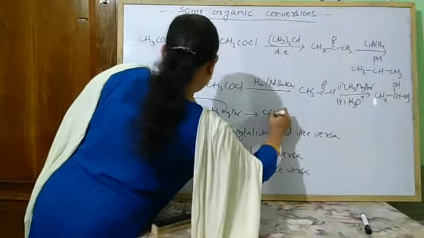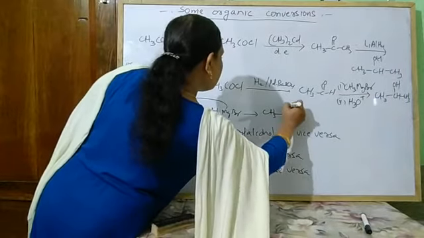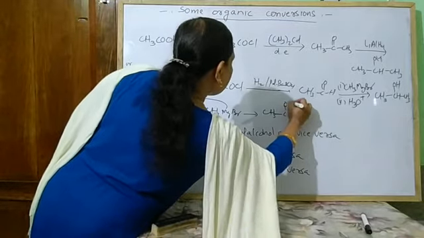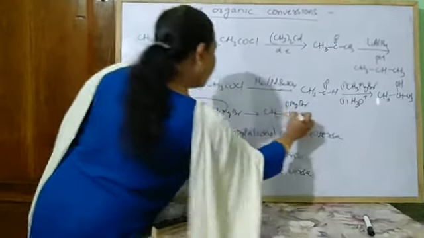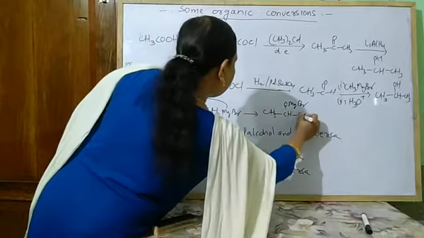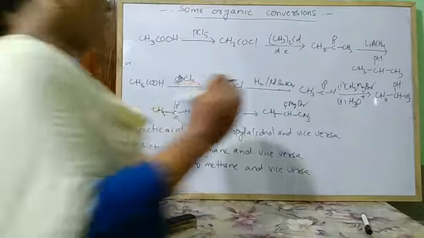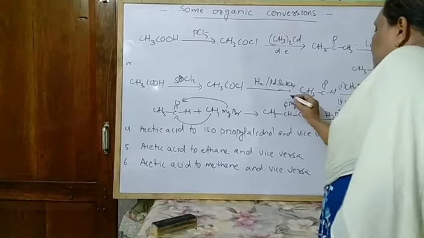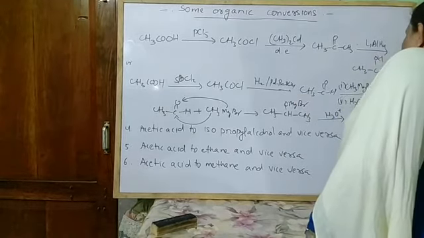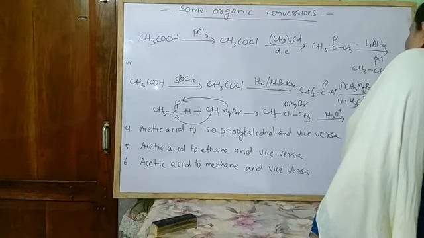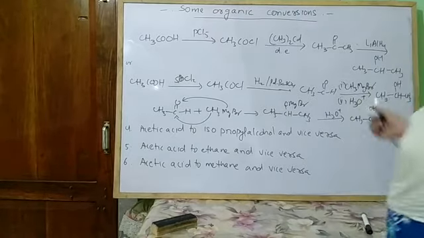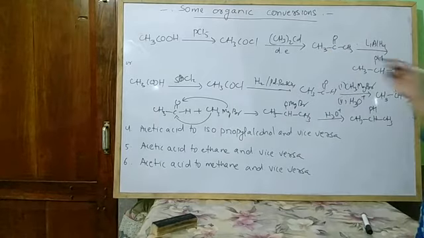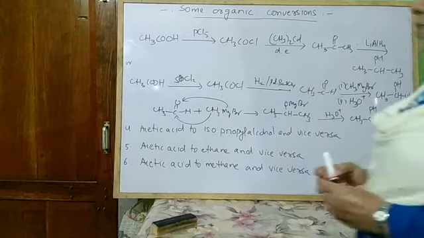It gives addition product, O MgBr, and here H is there and CH3, which upon hydrolysis with H3O plus, here bond breaking takes place, gives CH3CHOHCH3. So from this to this. So either you go through this or by this. Okay, this is also 3-step, this is also 3-step reaction.